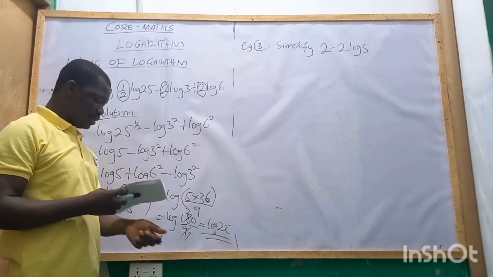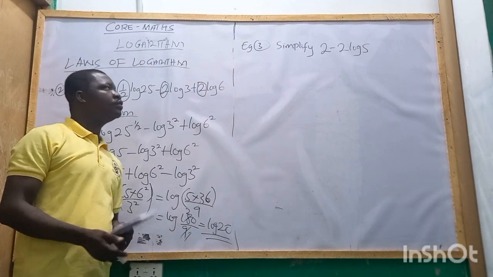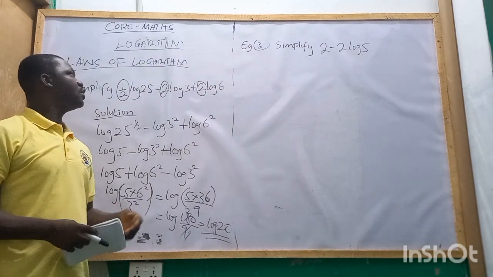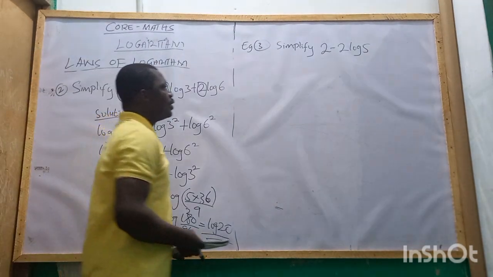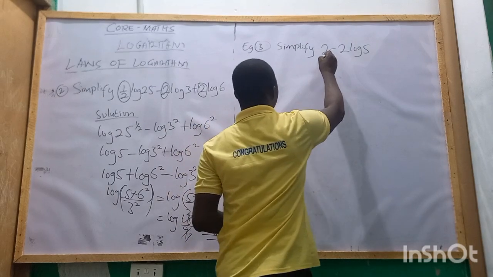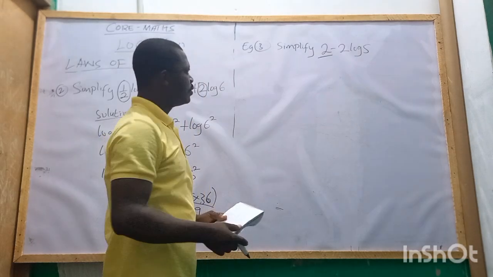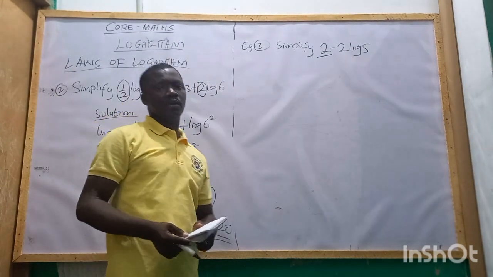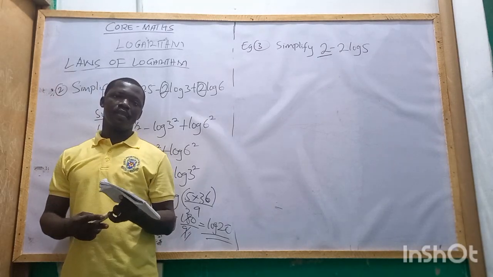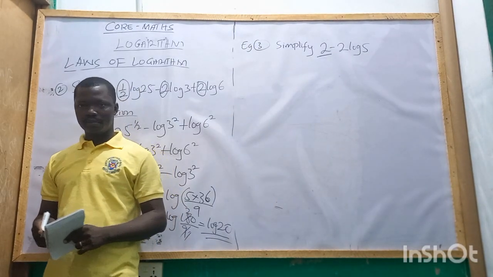Please let's pay much attention over here. 2 minus 2 log 5. You know, this one, this 2, it doesn't have any log. So how will we do it? Or how can we introduce a logarithm in front of it? Please, let's pay much attention.